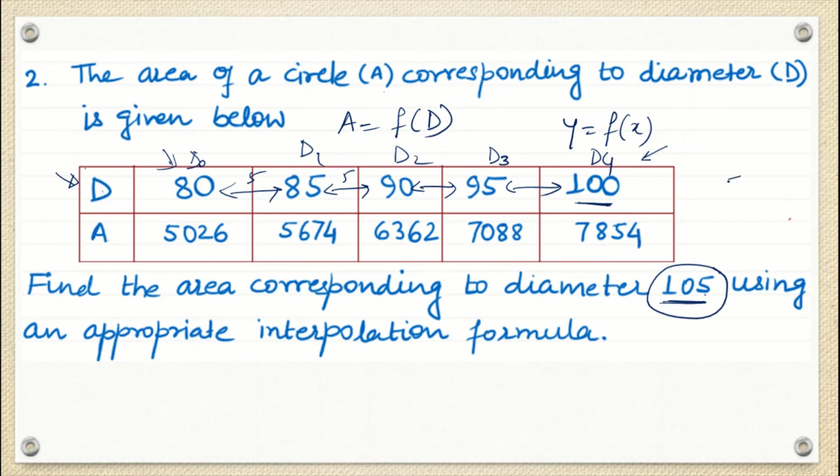Again, this question is a very good application of interpolation. That means interpolation in our day-to-day life also. Interpolation is very much useful to find the pattern of any unknown point where the points are not lying within the given range. The range is from 80 to 100, and here you can see how area depends on D. But what about 105? 105 actually lies beyond the range, and still using the interpolation formula you can estimate the value at 105.